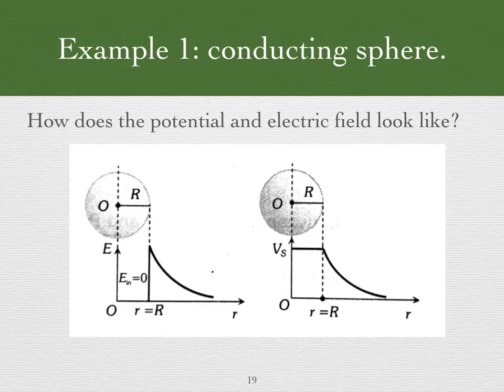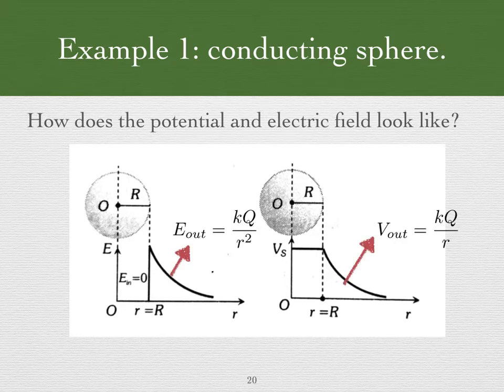First, if I want to know the potential and electric field outside of the surface, what is it going to look like? Outside of the surface, we can simplify the entire ball as a point. So we can just use the point charge potential and the point charge electric field to understand the distribution outside the ball.